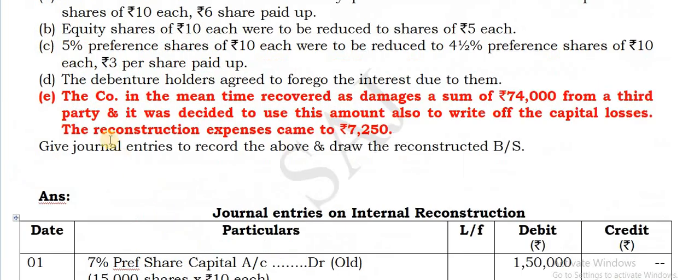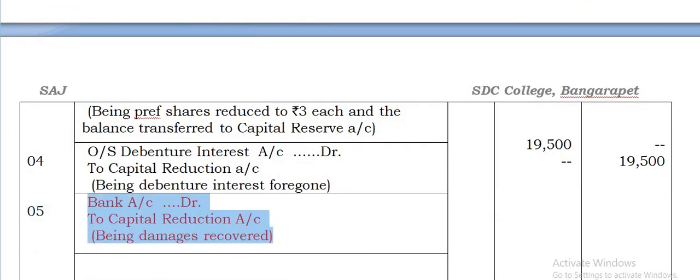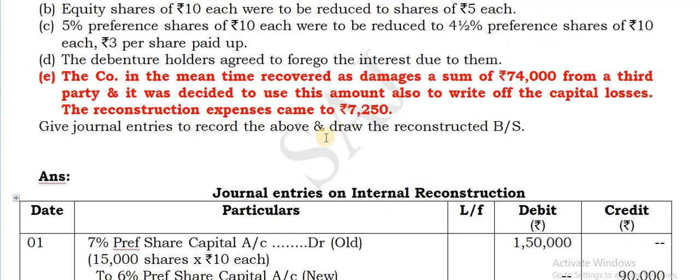And coming to this, here I said for recovering the damages and crediting the same to the capital reduction account. So bank account debit to capital reduction account. So that is a special item here in this column. Then there is the incurring of an expenditure. What is the amount? 7,250. So take that.